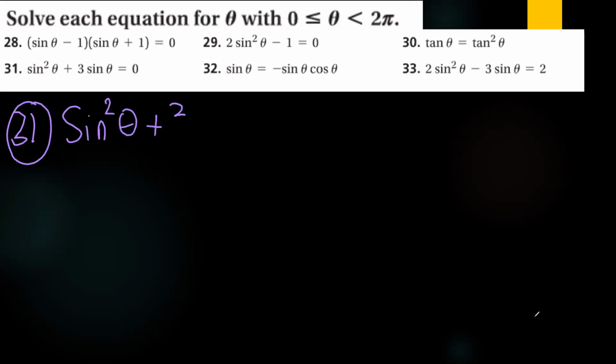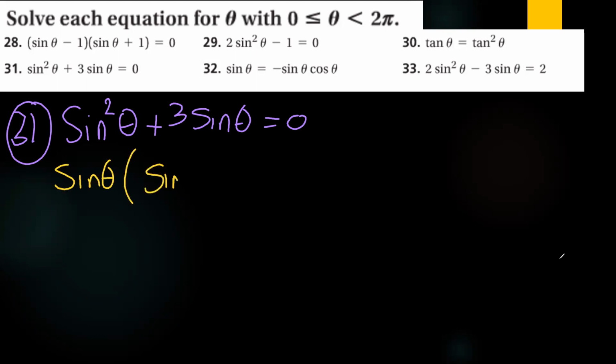Number 31. Here, you have sine squared plus 3 sine of theta equals 0. So now we have to solve it by factoring. We take sine of theta as a common factor.